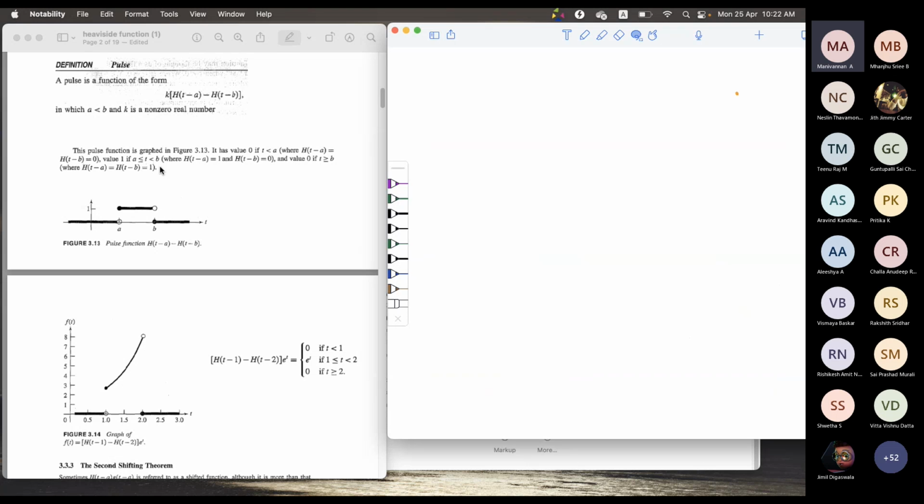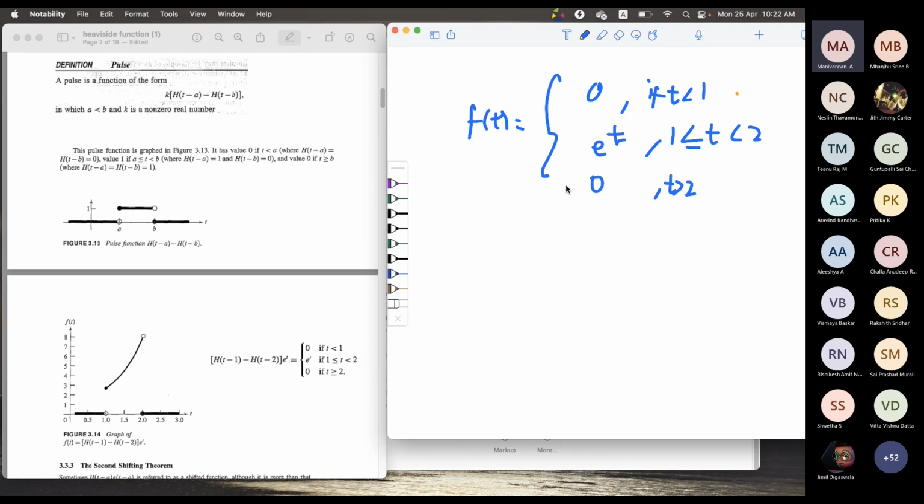All the information is also given here in text form, you can go through that. So now my function f of t is defined in this way: if t is less than 1 it is 0, for 1 less than or equal to t less than 2 it is e raised to the power t, and for t more than 2 it is also 0. Can you draw the graph of this function?